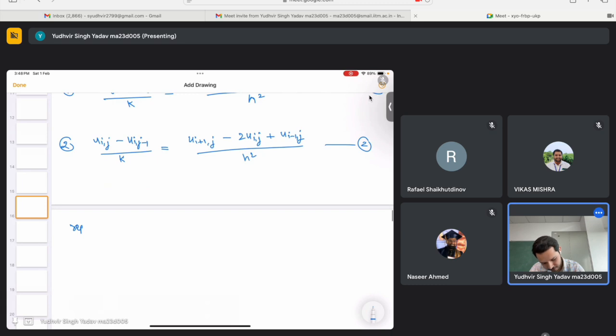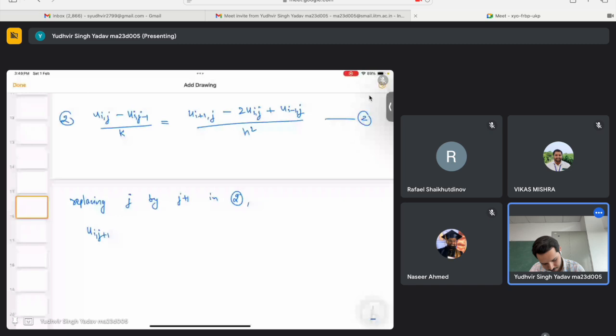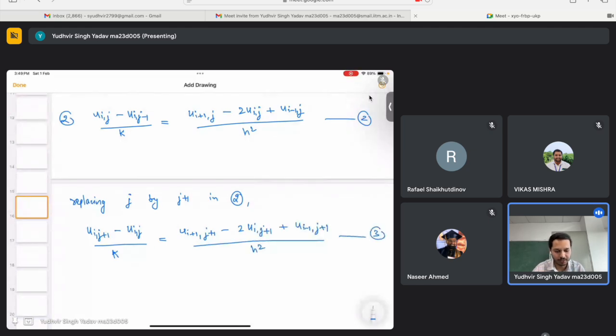Then we will get u i plus 1 j plus 1 minus 2 u i j plus 1 plus u i minus 1 j plus 1. So say this is equation number 3.